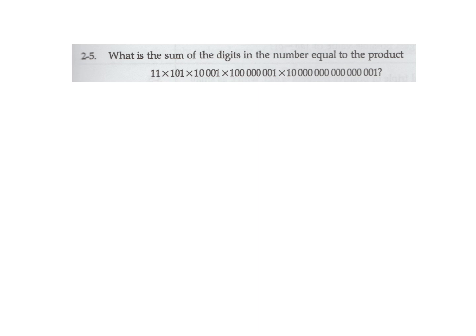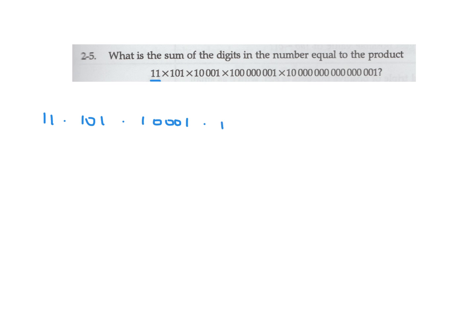What is the sum of the digits in the number equal to the product? All right, so this is a huge number here. And so let's analyze this. We got an 11, and then we have 101. Then we have 10001.